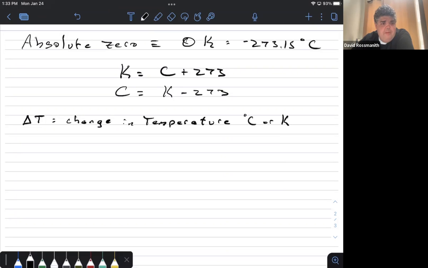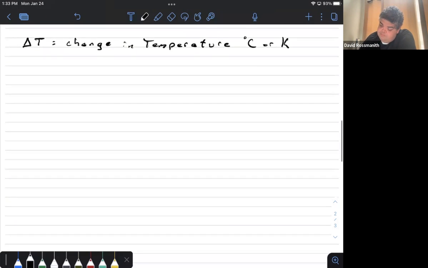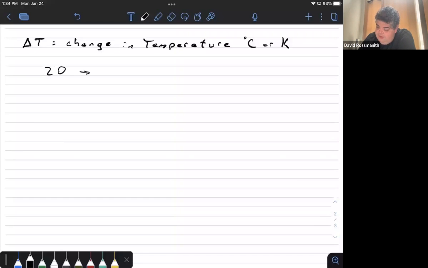Okay, and let's prove it. Let's say we have something like this. I tell you, you're cooling off an object by 10 degrees. So let's say it went from 20 to 10 degrees, and let's say that's degrees Celsius.